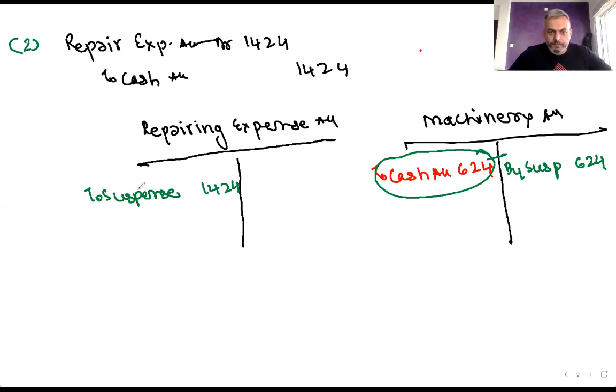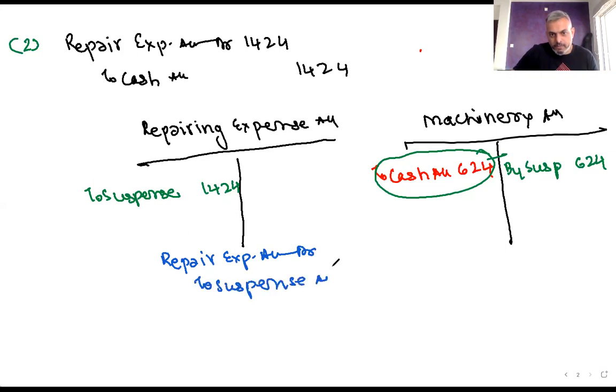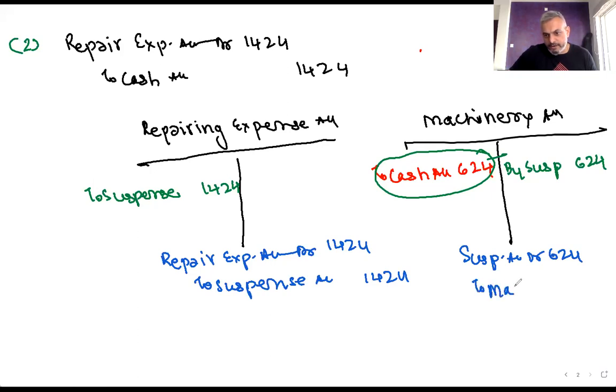So now we have two separate entries. One entry is repair expense account debit to suspense account 1424, and over here suspense account debit 624 to machinery 624.